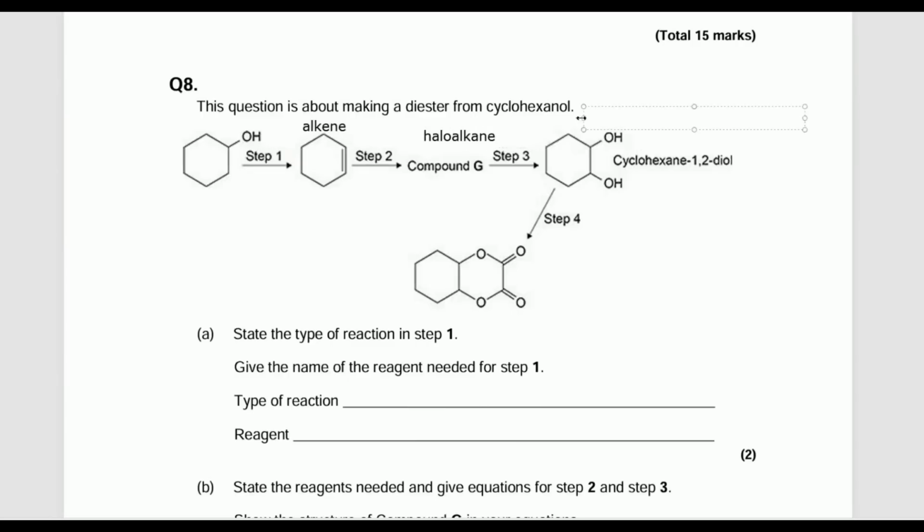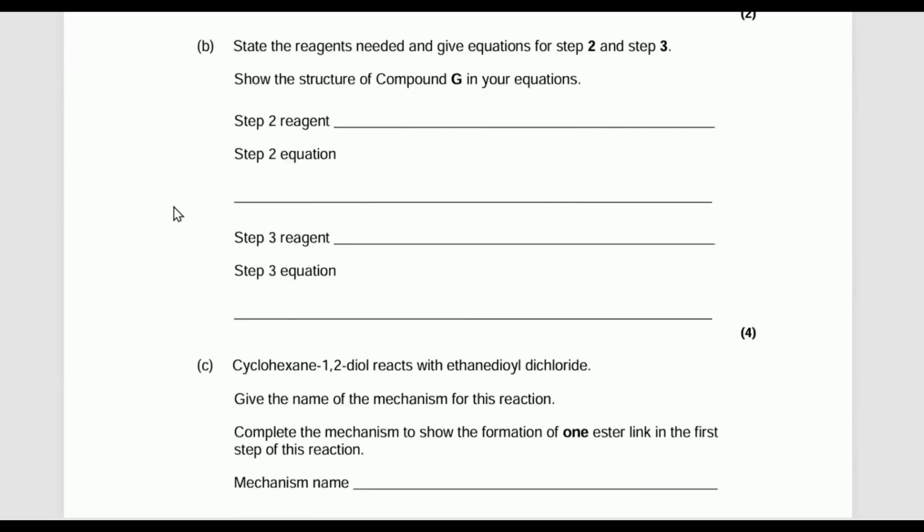Right? So what we're going to need to do in between is become a haloalkane. We're going to do electrophilic addition or some sort of addition. But we're going to do some addition and we're going to end up with a haloalkane. So step two, my reagent is bromine. You could say chlorine, iodine, or any other sort of halogen. So you know that one from your AS content.